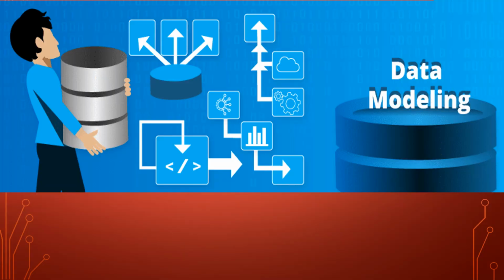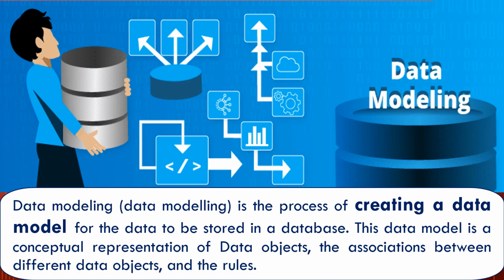To support multiple users' views, we need to create a data model. The concept of data modeling is the process of creating a data model for data to be stored in a database. This data model is a conceptual representation of data objects, the associations between different data objects, and the rules.